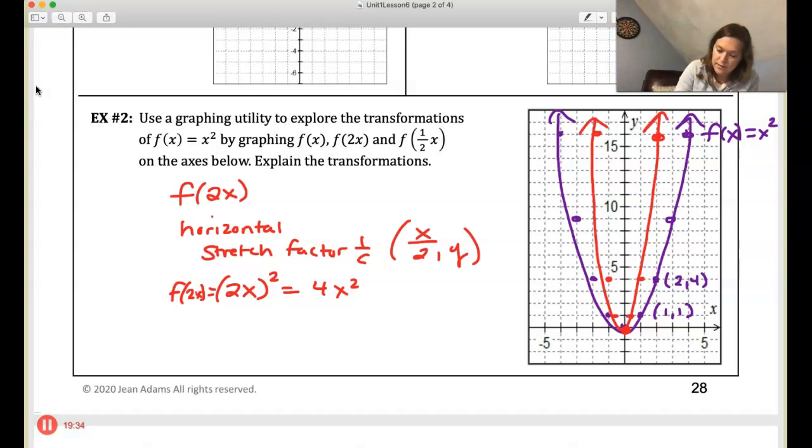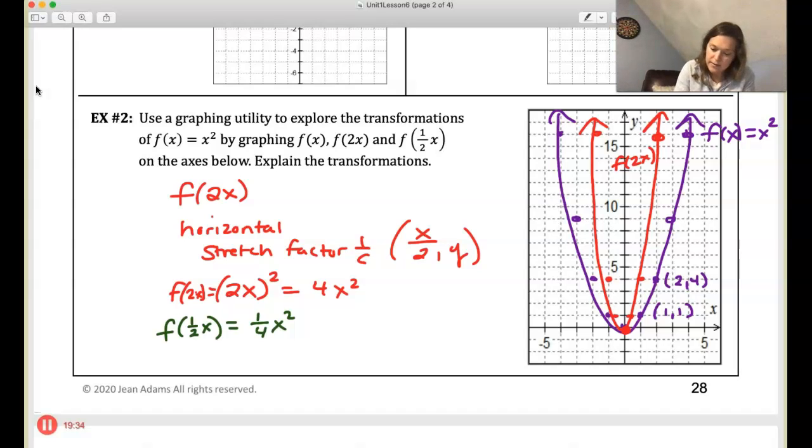So that is f of 2x. I'm going to do a different color. Let's go green for our last one. So f of 1/2 x, when we plug that into our function, we get 1/4 x squared.